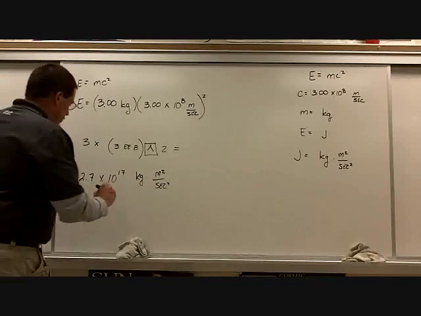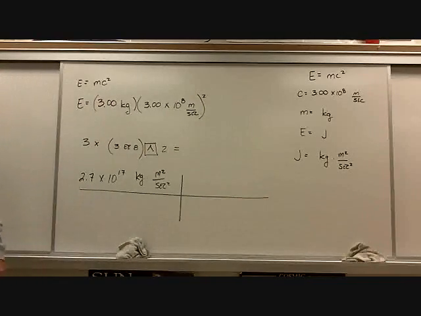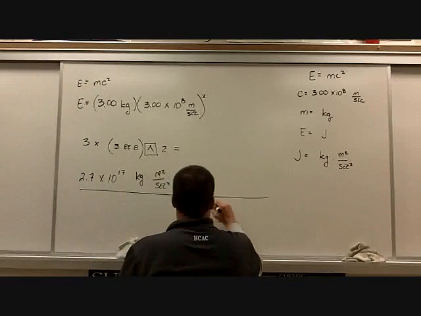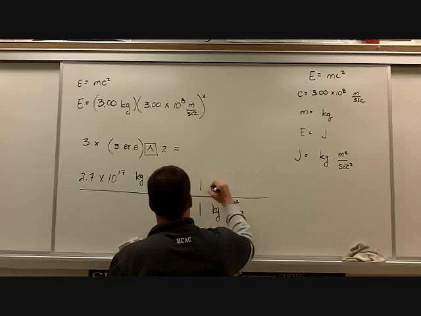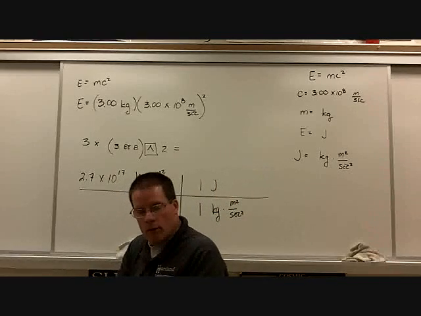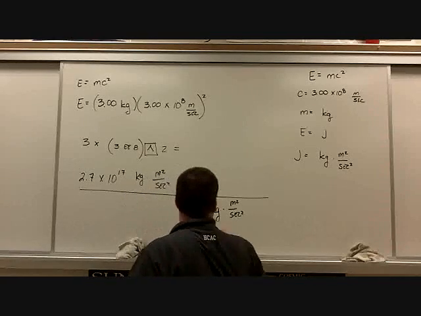No. So what we need to do now is convert the unit. 1 kilogram meter squared per second squared is equal to what? 1 joule. But do we need to finish with joules? No, we need to go to kilojoules.